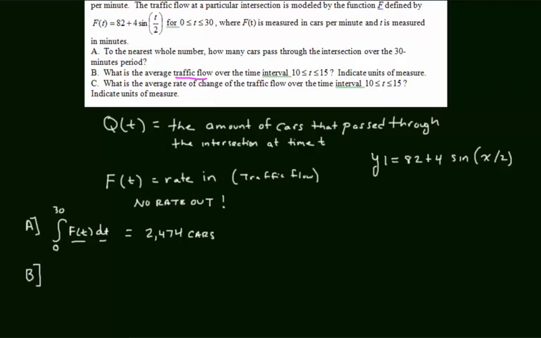The question didn't ask for this, but it could very well have said average value of the traffic flow. So if it asks what is the average value of traffic flow, that should prompt integral over interval. Whereas in part C, it says what is the average rate of change of the traffic flow, telling us the change in y over the change in x, so to speak.